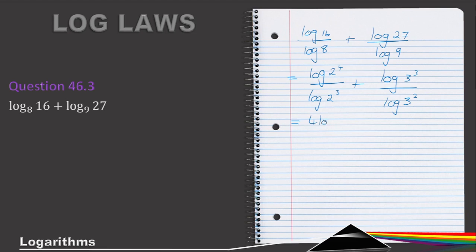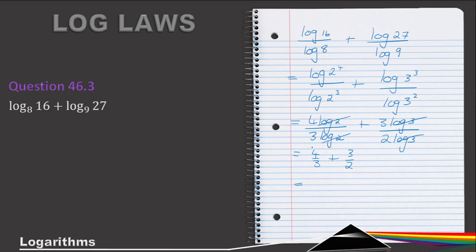So 4 log 2 over 3 log 2 plus 3 log 3 over 2 log 3. Okay, so this conveniently cancels out, and we are left with 4 over 3 plus 3 over 2.